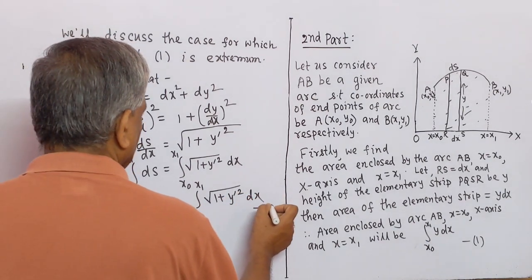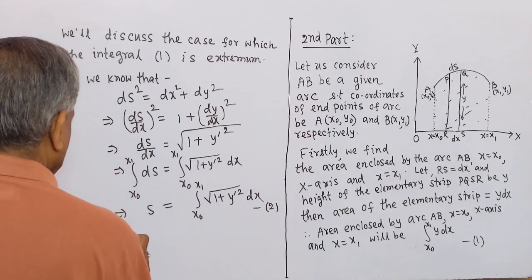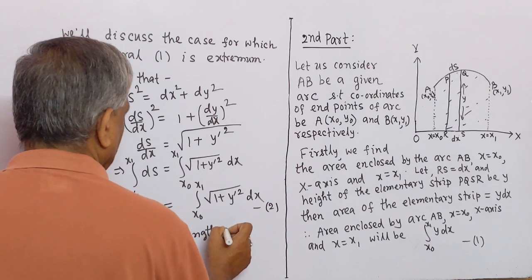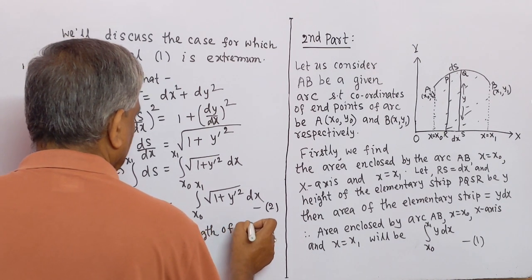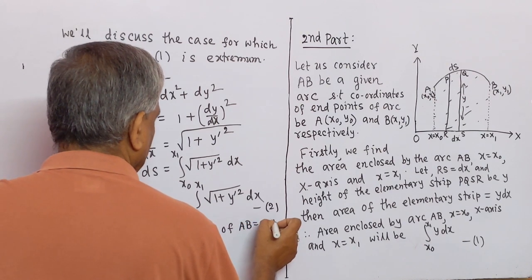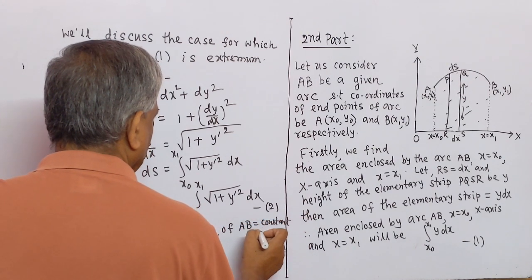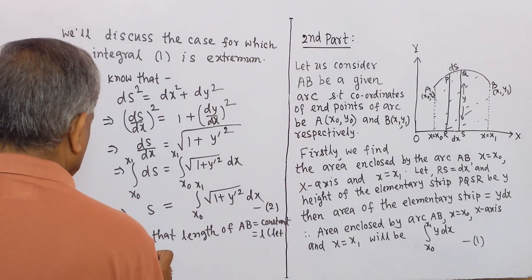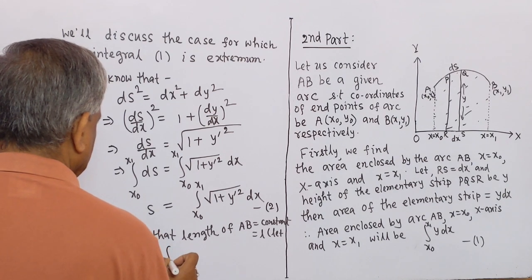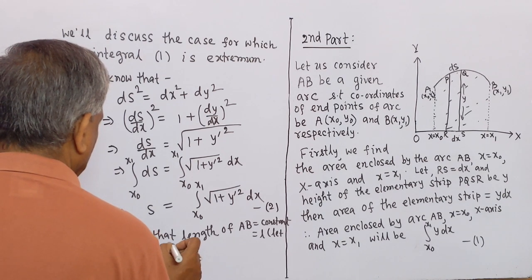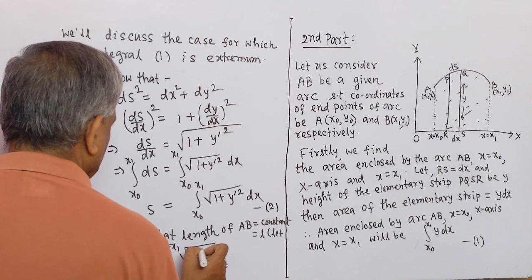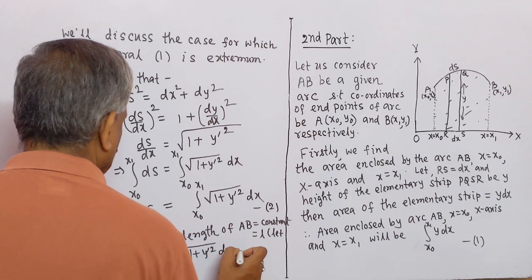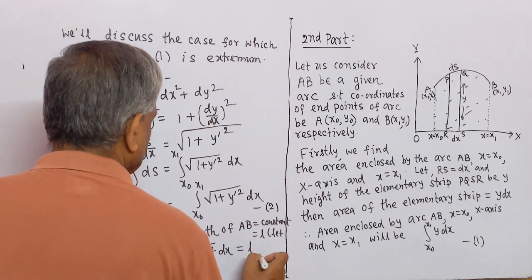This is number 2. Given that length of AB equal to constant, let this is L. Therefore, S equal to integration limit x0 to x1 square root 1 plus y prime square dx equal to L. This is number 3.